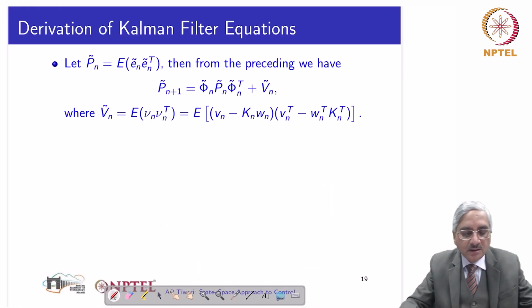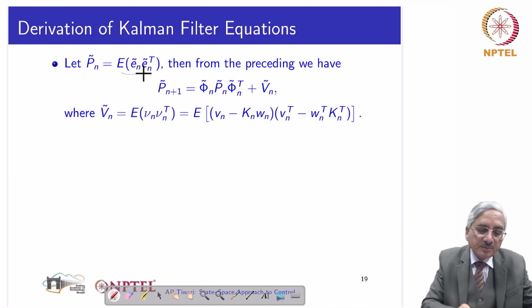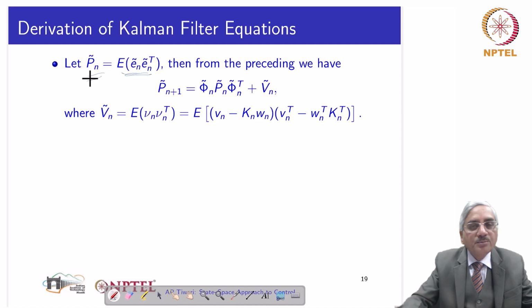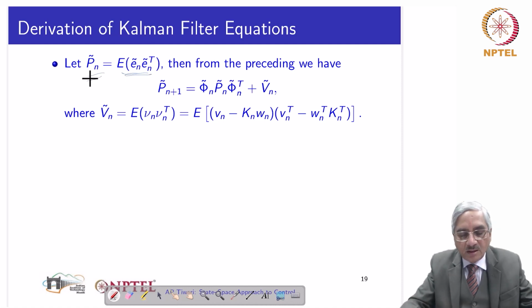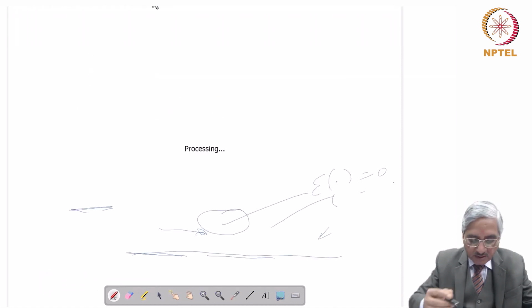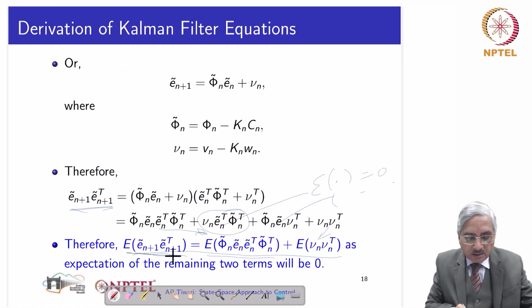Proceed further. Now we define this expectation by a matrix Pn tilde. And so from the previous expression, this is P tilde at the n plus 1th moment.